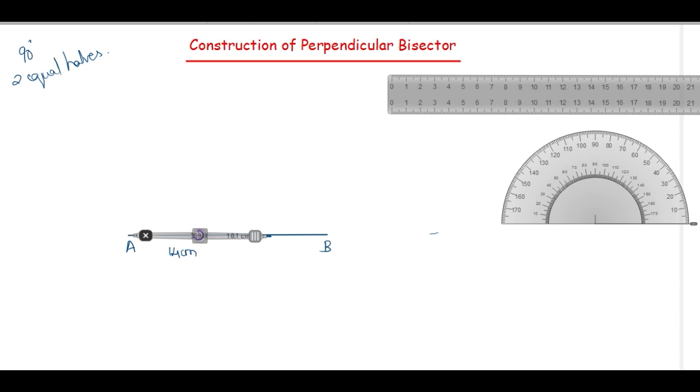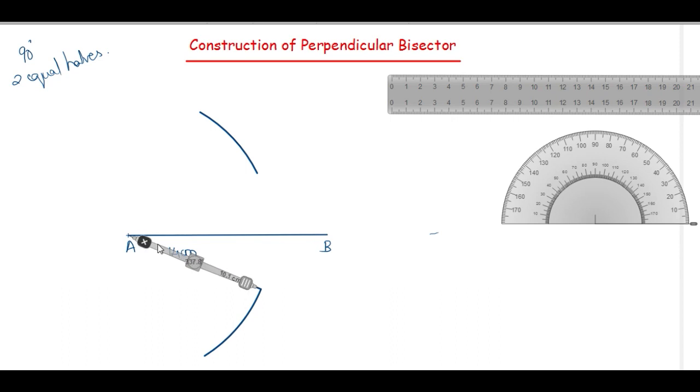Now what we have to do, we have to draw an arc above the line AB and keep the metal pointer at the same vertex point A and draw another arc below the line AB.